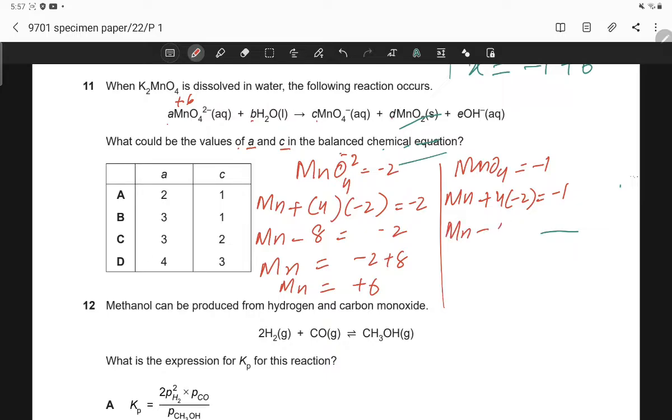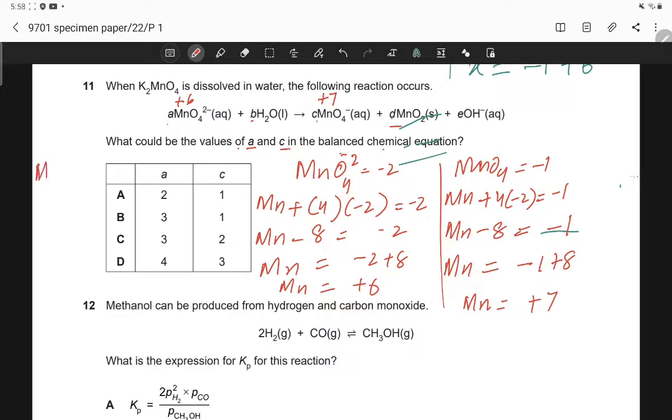Mn minus 8 is equal to minus 1, Mn is equal to minus 1 plus 8. So in this compound, the oxidation state of Mn is equal to plus 7. This is plus 7.